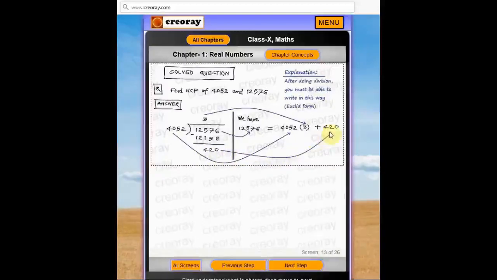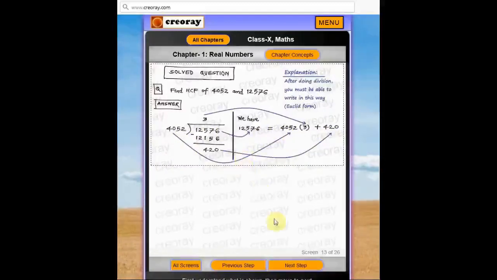Now do a check. Is this 420 equal to 0? No. So we must continue the division till we get the remainder as 0. So 4052 will be the new divisor. So this step is over.